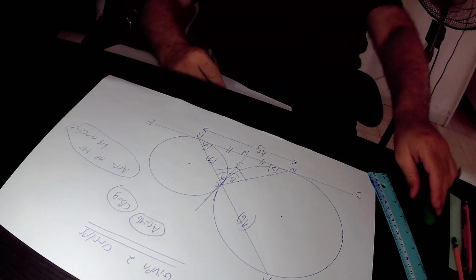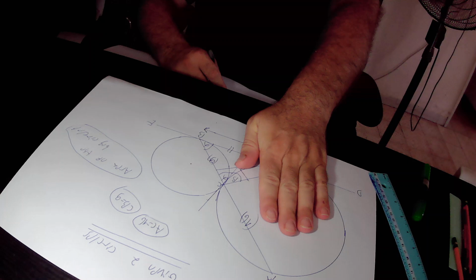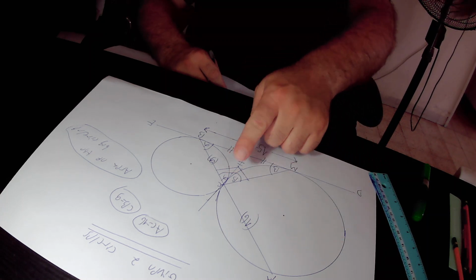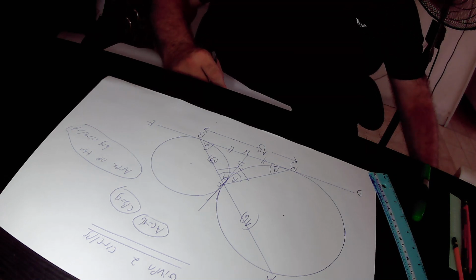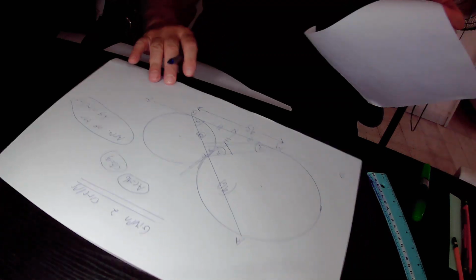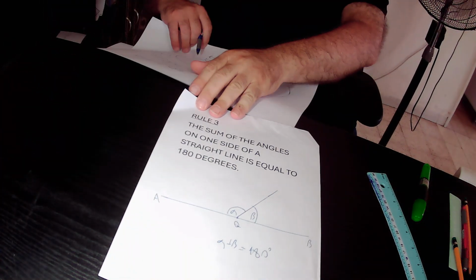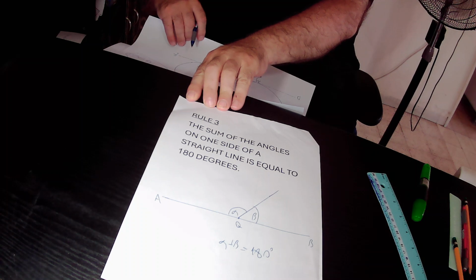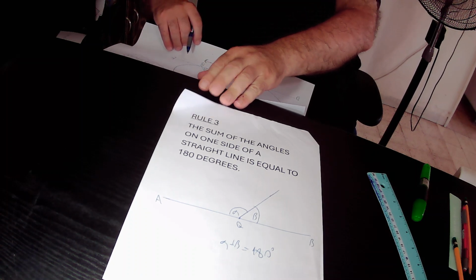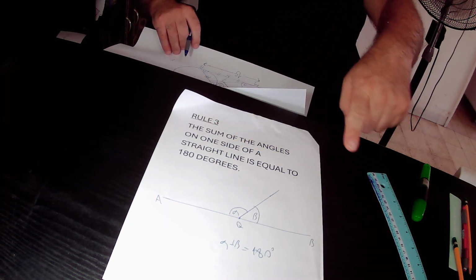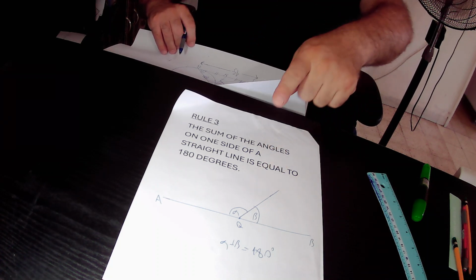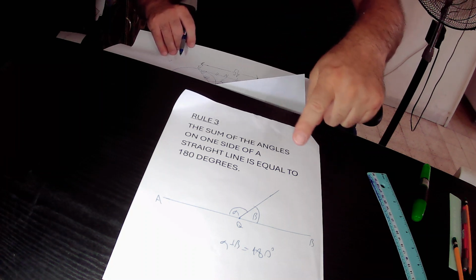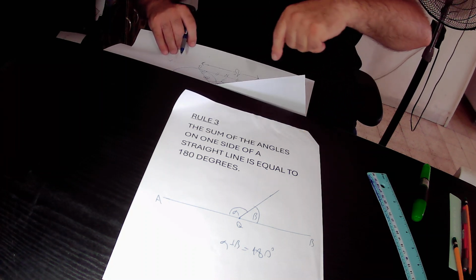If we focus on the left side of the straight line AB at point C, here the sum of the angles must be equal to 180 degrees according to rule 3 that states that the sum of the angles on one side of a straight line is equal to 180 degrees. So here we have the straight line AB. This is angle alpha, this is angle beta. So the sum of the angles on one side of this straight line AB is equal to 180 degrees.